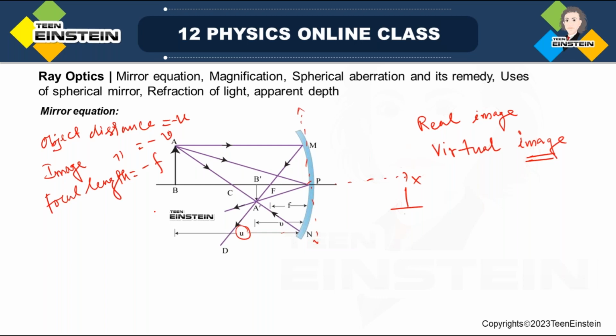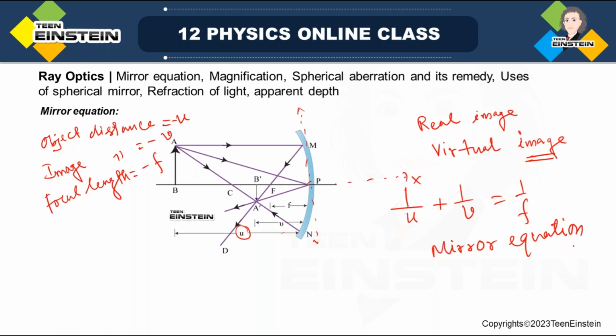So here we have a particular equation with which these three, image distance, focal length and object distance, are related. That is called the mirror equation: 1 by u plus 1 by v is equal to 1 by f. Today's task is to derive this equation.